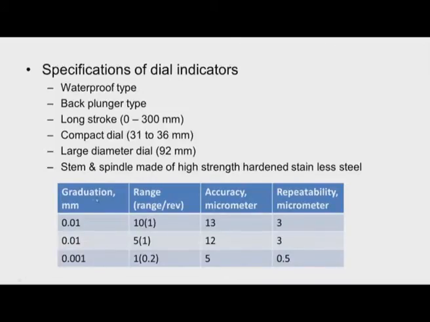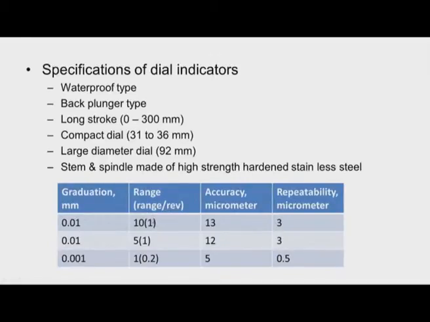Now, you can see the graduations are available in 0.01 mm, 0.001 mm with ranges of 10 millimeter, 5 millimeter, 1 millimeter, like that, and in brackets we have indicated the range per revolution.